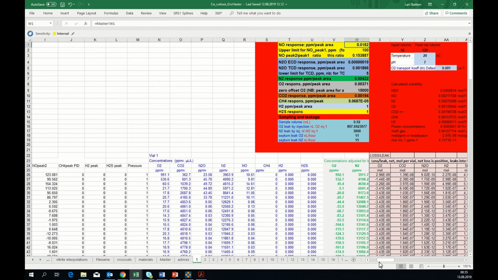The first values here are the response factors for the different detectors, simply the ppm value per peak area, which is used to calculate the ppm values for each gas. There is another thing, and that is the temperature. You must set the temperature right and the pH right, and there is also an oxygen transport coefficient, which will be dealt with later.